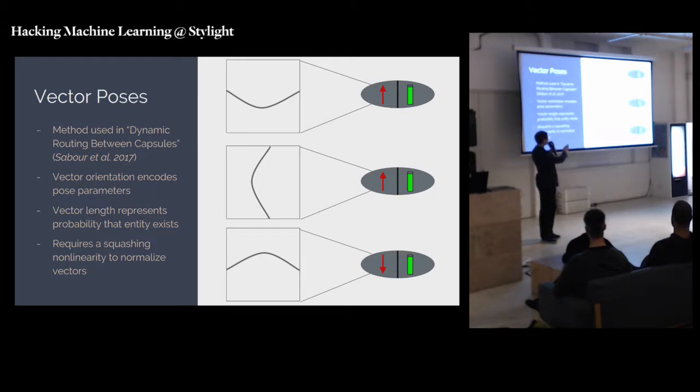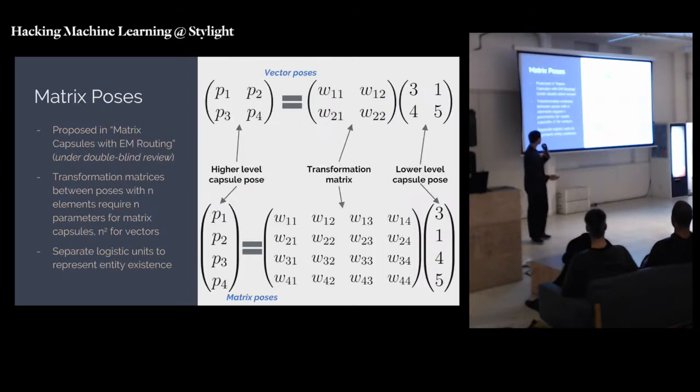Actually, sorry, the middle one should be pointing horizontally. Yes. Okay. Something else that's convenient about vectors is that they use just the length, the norm of the vector, to represent the scalar on the left-hand side. However, this was actually discovered to be a weakness by the next paper that built upon this.